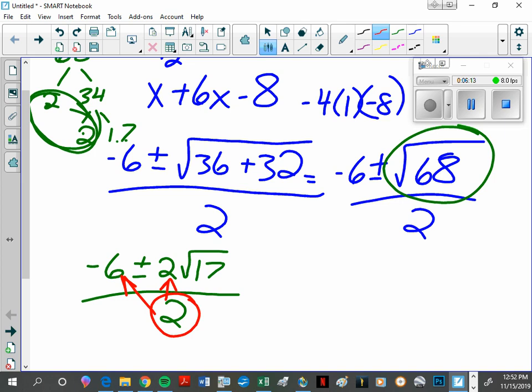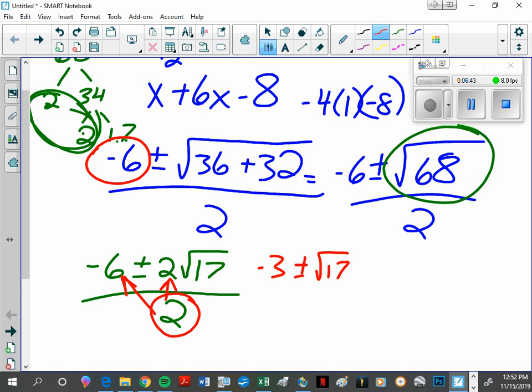But does 2 go into 6 and 2? Yes. That's negative b. The negative 6 is negative b. Now, if I divide both of those by 2, then I get negative 3 plus or minus the square root of 17. And that's the simplified answer.